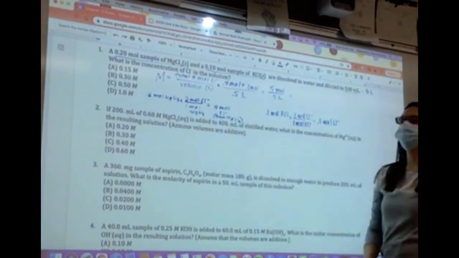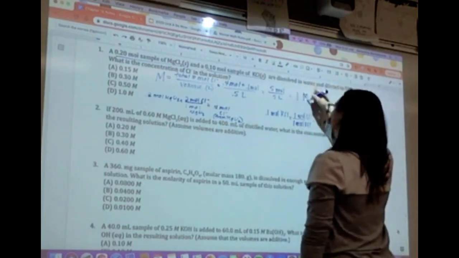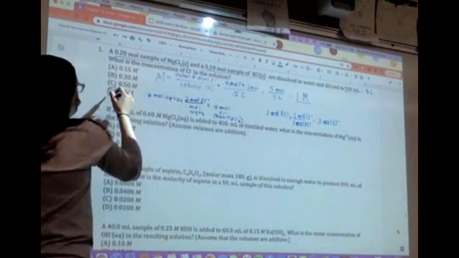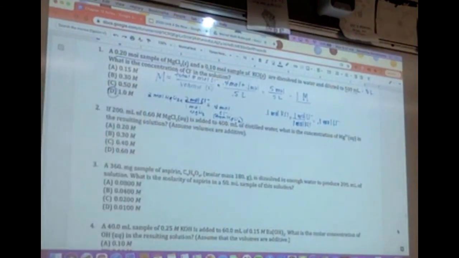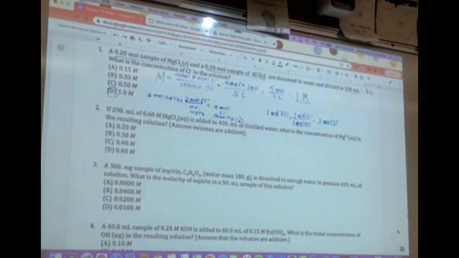What's 0.5 divided by 0.5? You say it's 1. So number 1 is D. So again, this is when we're looking for the concentration of a specific ion. You have to figure out where that ion is, where the amount of that ion is coming from.